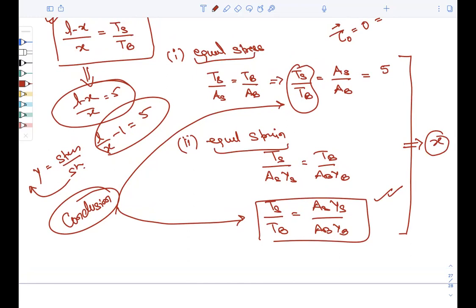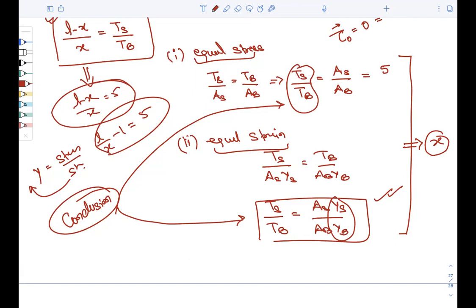Why is it happening? Because both wires are made of different material. If both wires that we have chosen are the same material, that is YS and YB equal, then we will find only one unique solution of X. When both materials are the same, at that point only we will have equal stress and equal strain in both wires. But if the wires are different, then we will have two different positions of X for the different conditions of equal stress and equal strain, right?